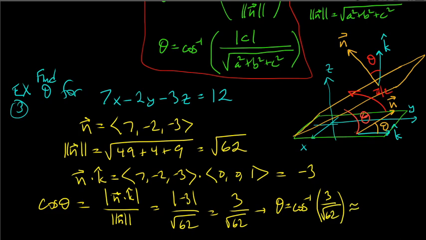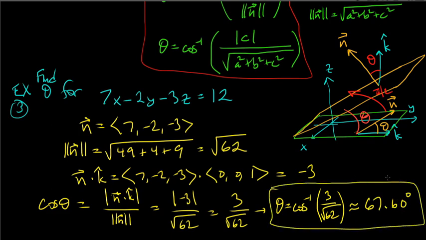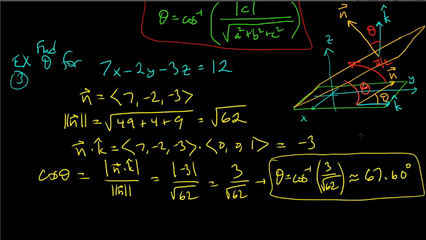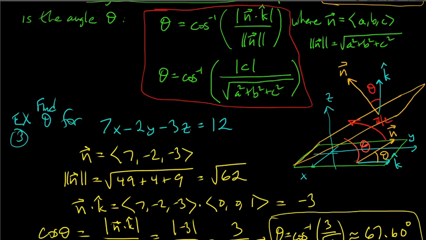We'll use degrees as usual here. Yep. So I get about 67.60 degrees. So you have the exact and you have the approximate. Just make sure you know how to do both. Yeah, I think that's it. So a very easy example.